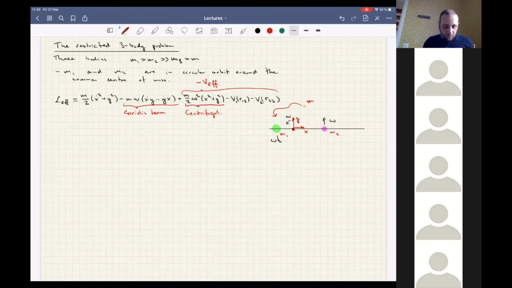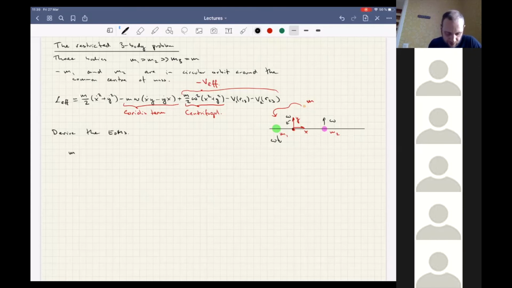So taking this effective potential, this effective Lagrangian, now we can derive the equations of motion. That's just taking this Lagrangian, building the action, and doing the Euler-Lagrange variation calculus for that.